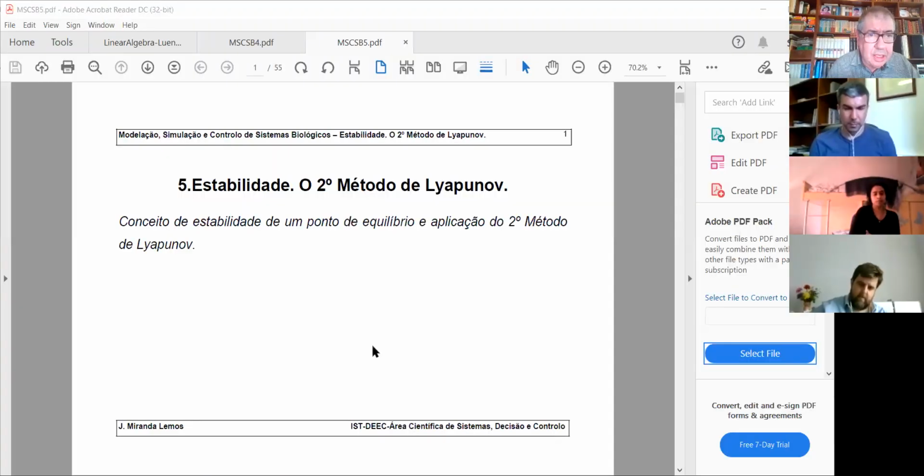Let's speak about stability. So this is file number 5, the direct method of Lyapunov. So we have an intuitive notion of stability. And we have already one method, which is perhaps not the most powerful method, because it does not always work, based on linearization. So if you want to study the stability of an equilibrium point, you linearize it, you compute the eigenvalues.